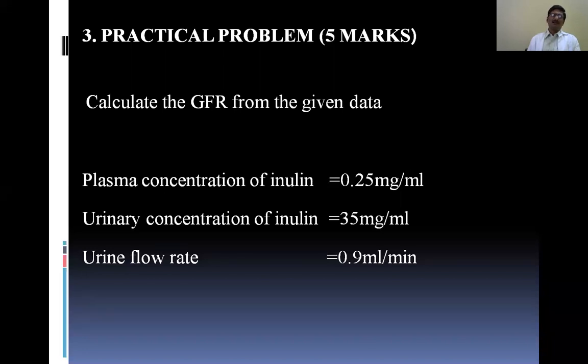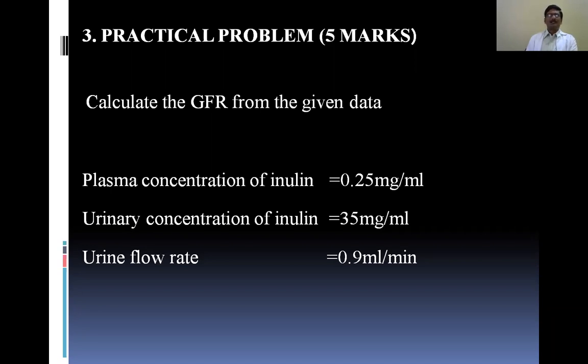To maintain all these parameters, the kidney needs to receive a very high blood supply, number one. Of the blood which is given to the kidney, approximately 20% of the plasma will be filtered as filtrate.